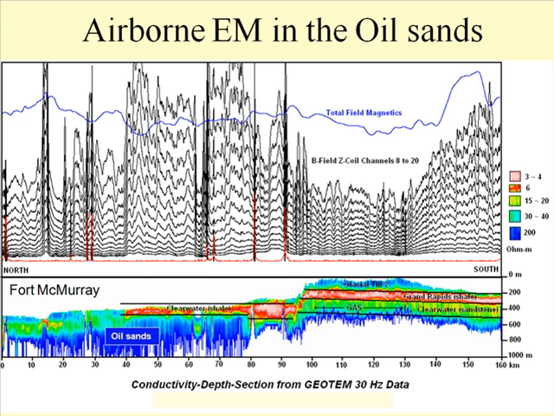You can also use airborne electromagnetics to look for oil sands. The oil sands are relatively resistive, so in the Fort McMurray area, near the Athabasca River, you can map the oil sands.